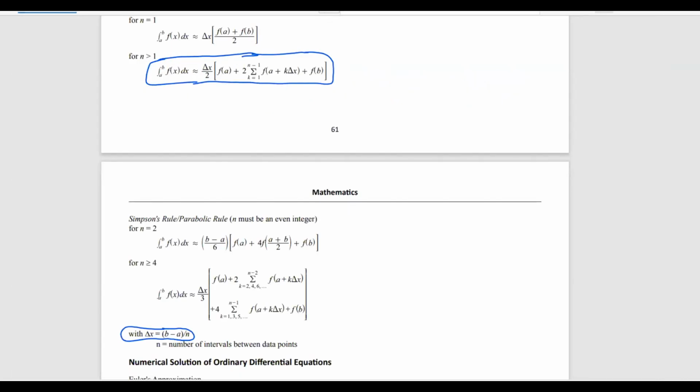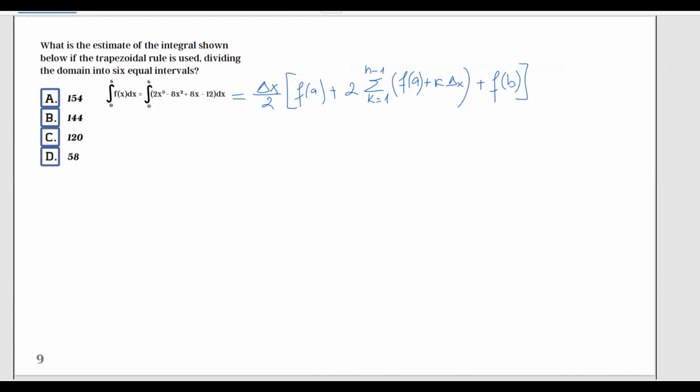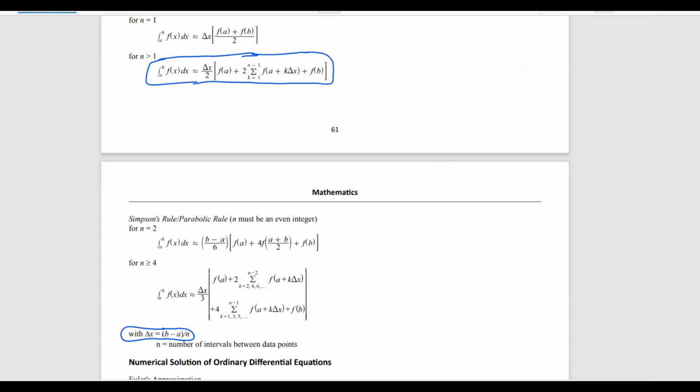I think that's it. So in this case, we have f of a and f of b, which are the extremities a and b.